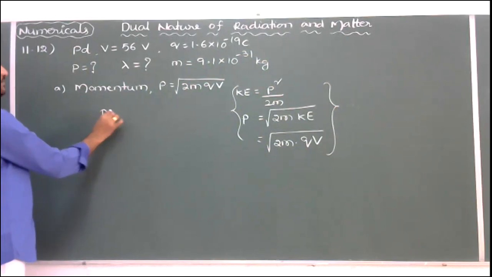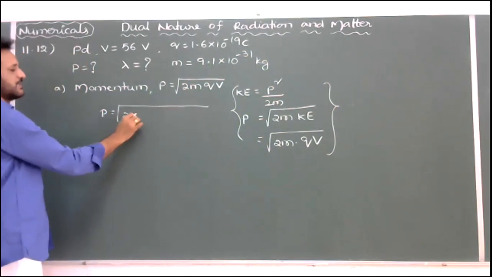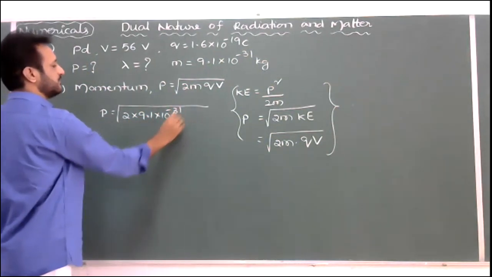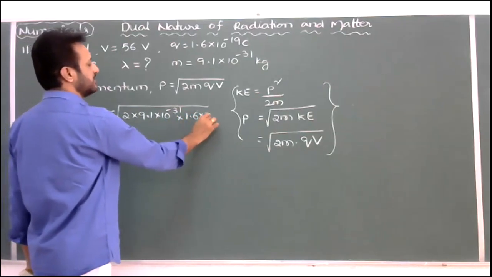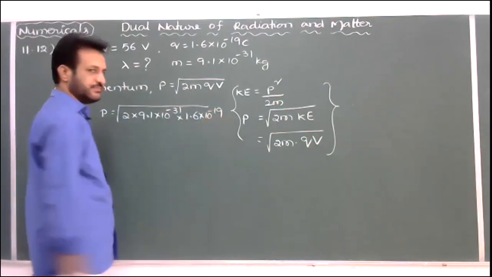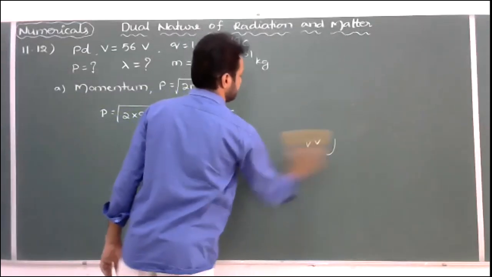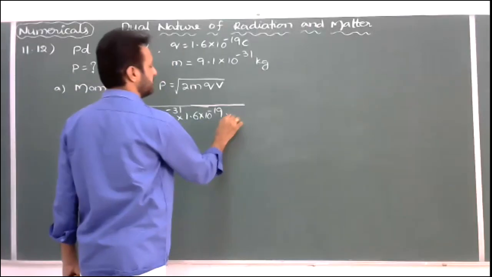Momentum P is equal to square root of 2 into mass of electron 9.1 into 10 to the power of minus 31, and the charge of electron 1.6 into 10 to the power of minus 19 into V. They have given 56 volt, so in place of V we should write 56.